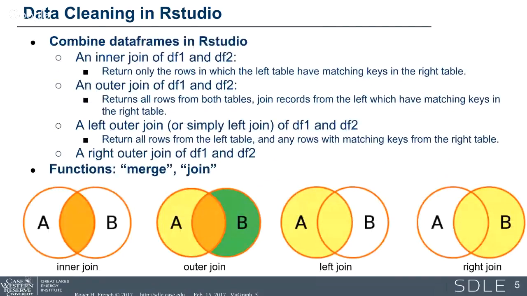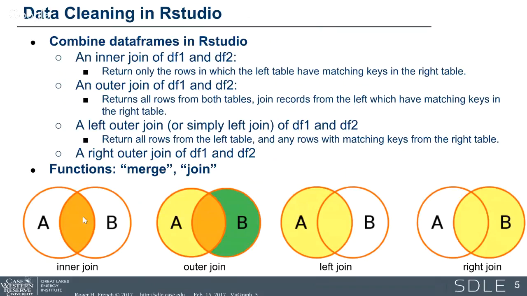And after you clean all your data frames and you have several data frames that contain similar information, or contain different properties of the same object, you can combine those data frames in RStudio. It's similar to the SQL database, where we have 4 types of join in RStudio. You can achieve those joins with functions such as merge and join.